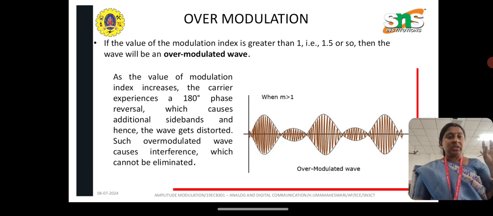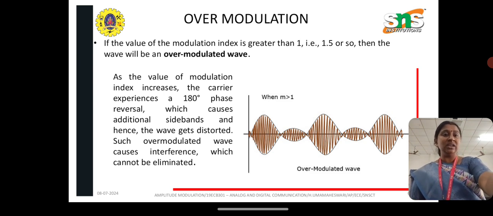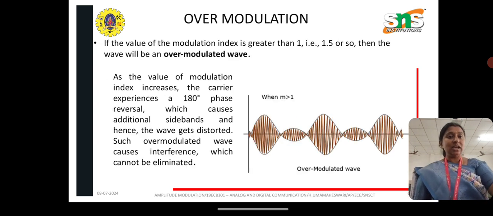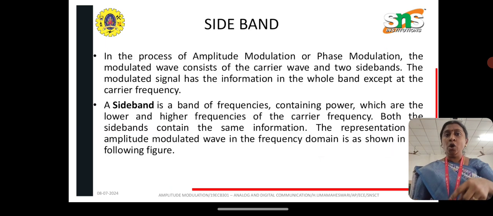In the first phase the wave is completed, in the second phase the wave is being reduced. As here also in the second cycle the wave is reduced, but in over modulation the wave is too much reduced when compared to the under modulation.